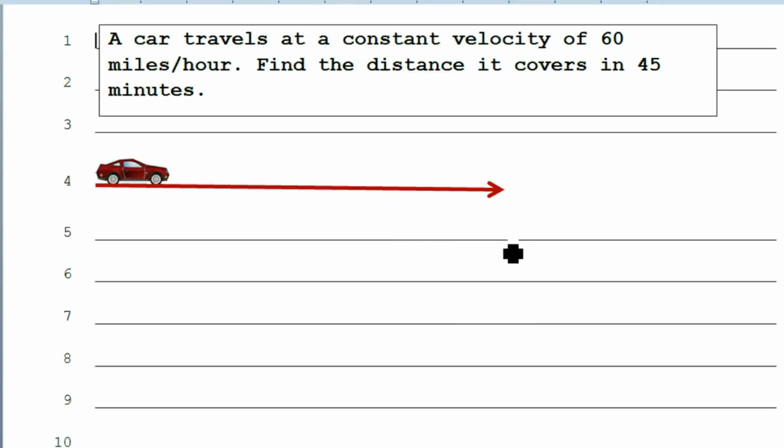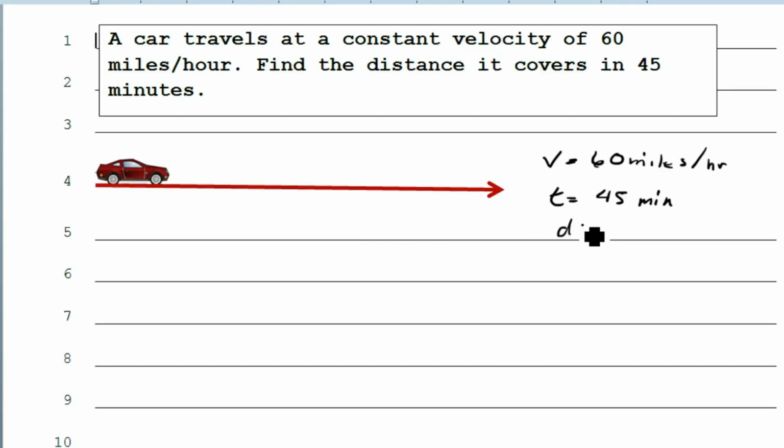Now we have a car that travels at a constant velocity of 60 miles per hour. Find the distance it covers in 45 minutes. So we're given velocity, v equals 60 miles per hour, and we're given time, t equals 45 minutes.